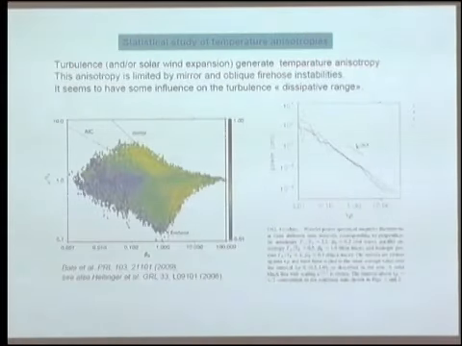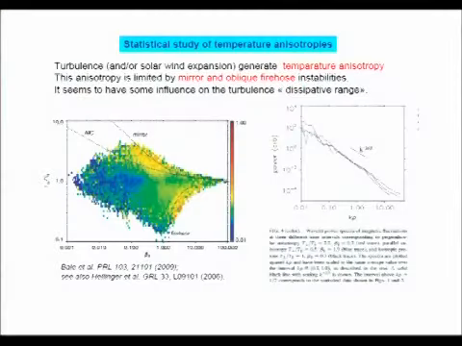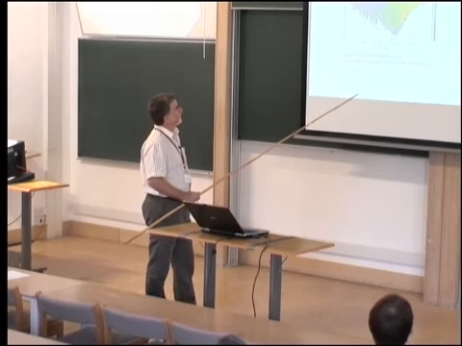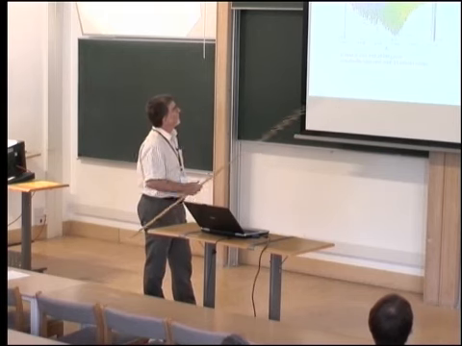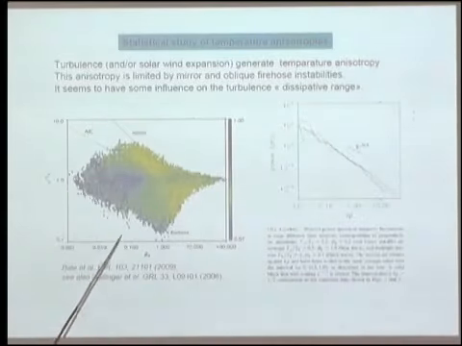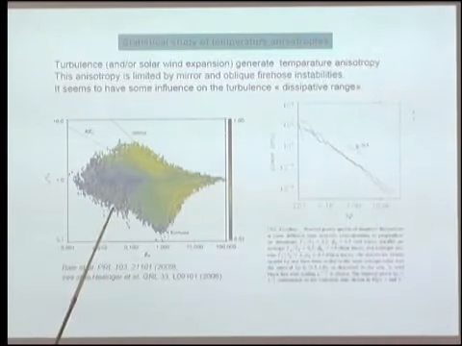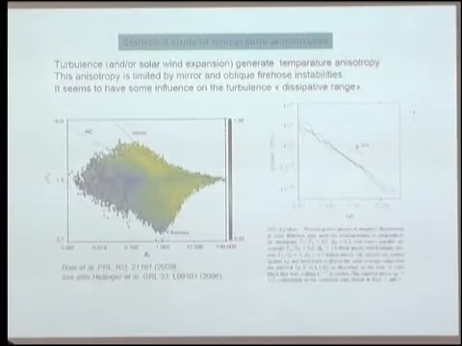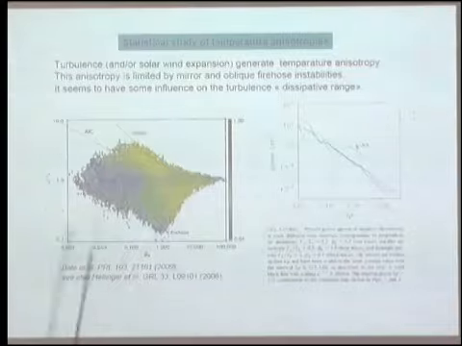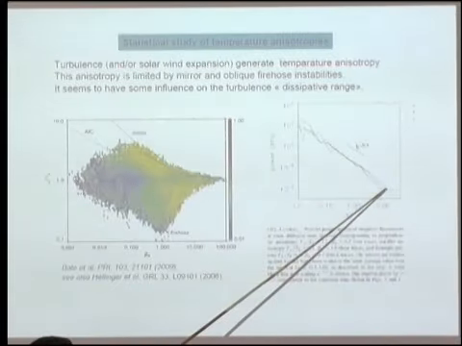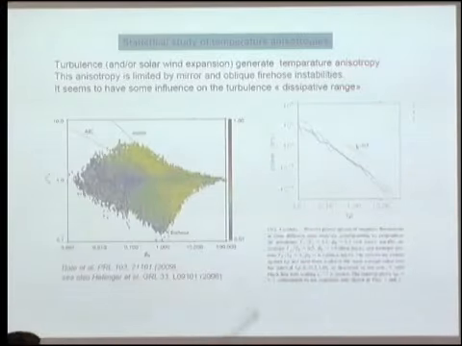And once again, this famous plot that was presented this morning many times, and so I don't need really to go into the details. It's just to motivate the study I'm going to show you. And the motivation is again to actually understand a little bit the role of this mirror instability threshold here in preventing the fluctuations to actually go beyond that line, and understanding also the role of temperature anisotropy on the spectrum at small scales.